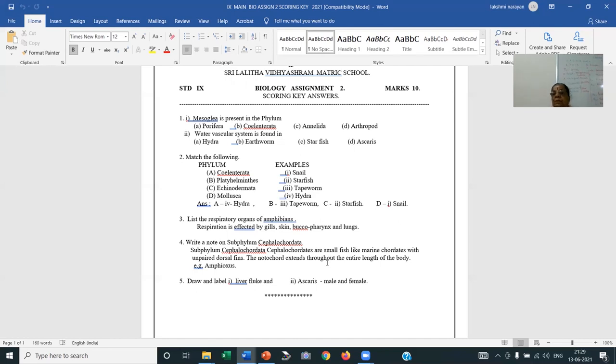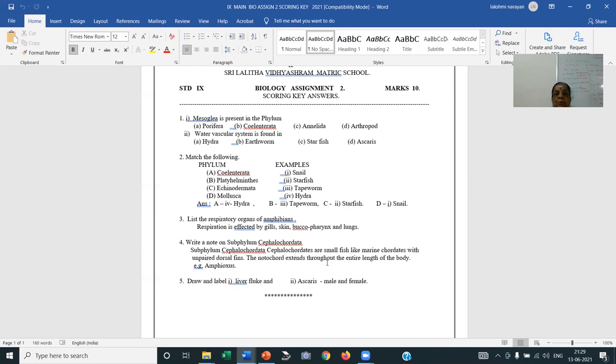Notochord, I hope you remember, in the animal kingdom, after invertebrates, when we start learning about vertebrates, they are classified as prochordates and chordates. Prochordates are animals which are an intermediate form, in between echinoderms and the vertebrate animals.